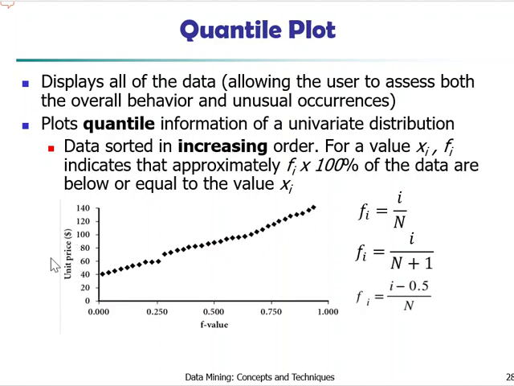This could be the unit price of all the items sold in a certain store. A quantile plot can show the minimum value, the largest value, and all the percentiles.